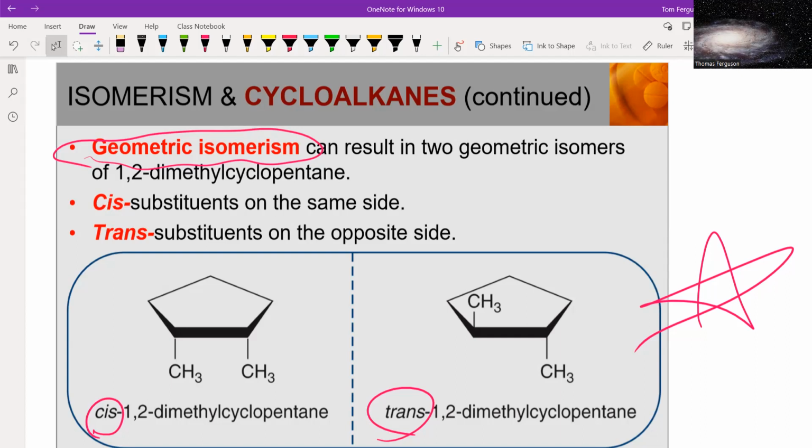MSG, for example, monosodium glutamate. That's based on the amino acid glutamic acid, and we make it naturally. We make one form of it. And there are two forms of that. One makes food taste good. The other one does nothing.